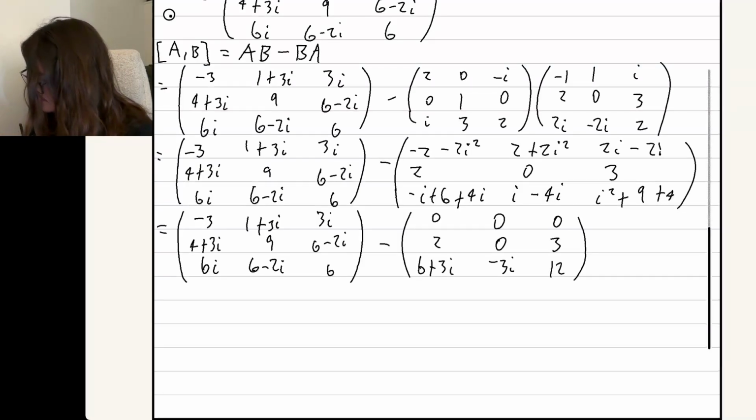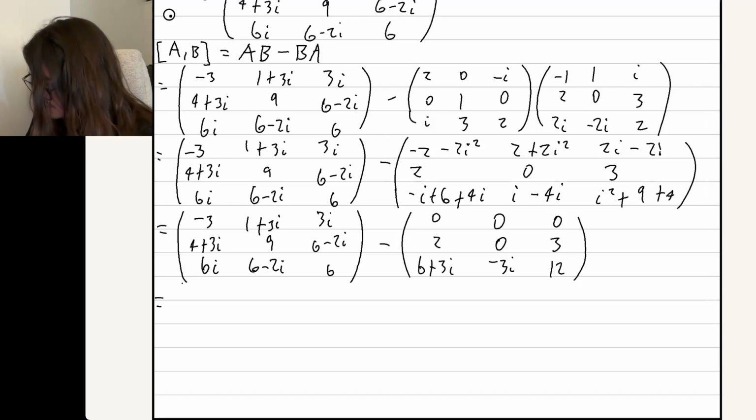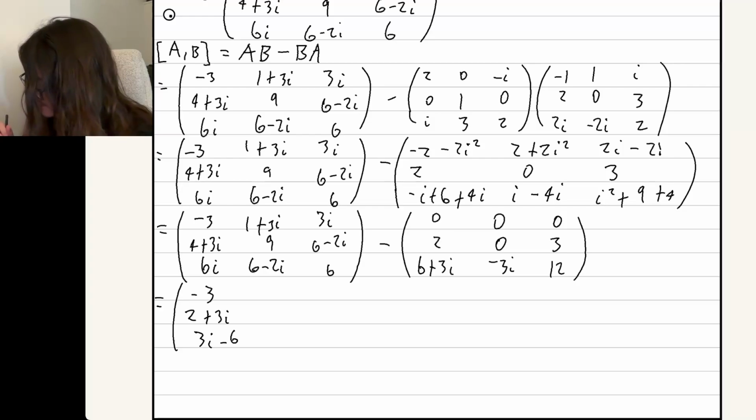And now we can just subtract off every element here. So 3 minus 0 is still minus 3. 4 plus 3i minus 2 is 2 plus 3i. 6i minus 6 plus 3i is going to be 3i minus 6.